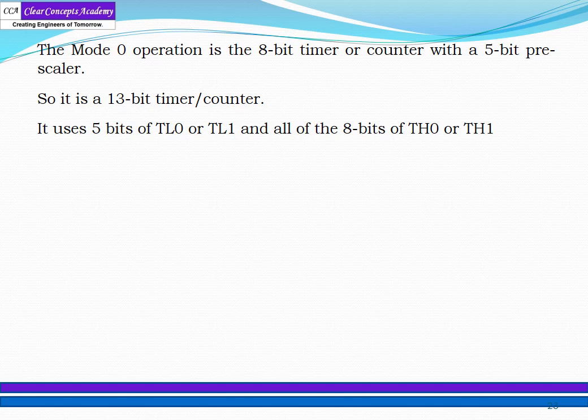It uses 5 bits of TL0 or TL1 and all 8 bits of TH0 or TH1. That means it uses all 8 bits of TH and 5 bits of TL, thus making it 13-bit, and the 5 bits are used as a prescaler.